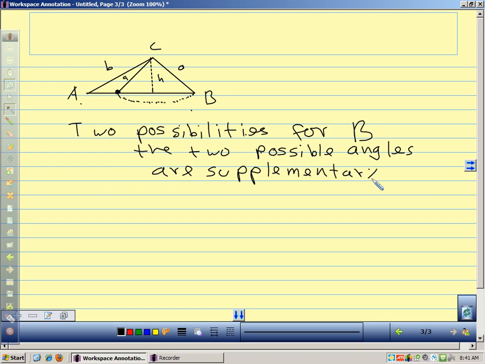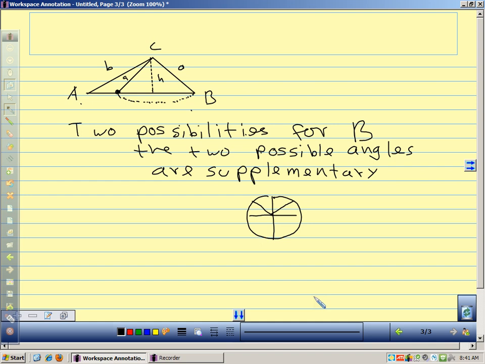So we come up with two possible values for angle B, and those two possible values are supplementary. And the reason is if we think back to our unit circle, if I have an angle here, the sine of the angle is the y component. I can have an angle over here that has the same y component. And this angle and the bigger angle add up to 180. They're supplementary. So those are my two possible angles for angle B.